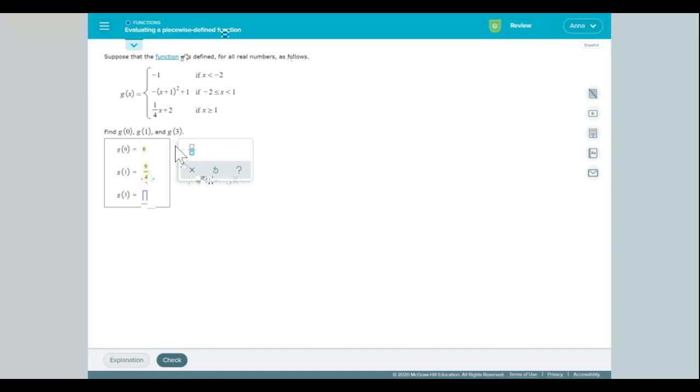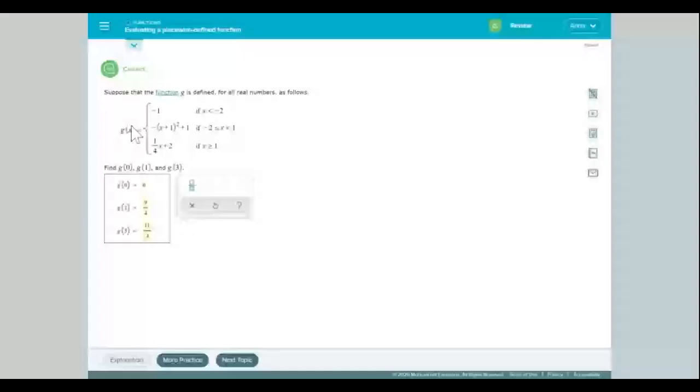That's going to be equal to 2 and 3/4, because 1/4 times 3 is equal to 3/4. You add that to 2 and you get 2 and 3/4, which is the same thing as 11/4. Go ahead and check our answer, and that is correct.